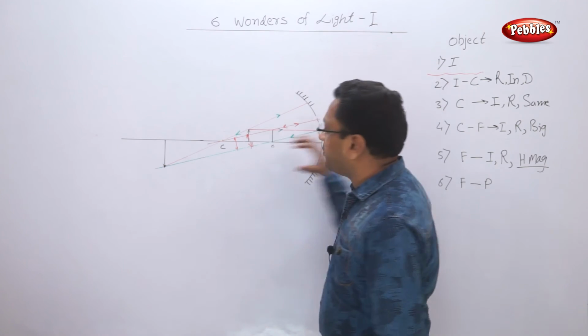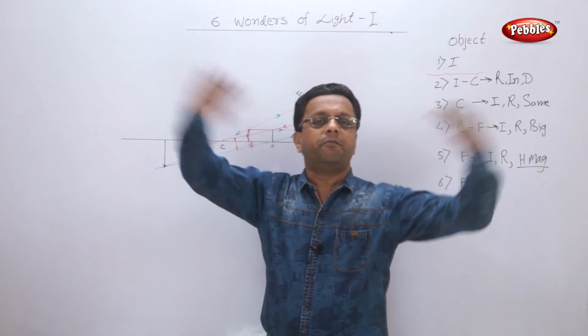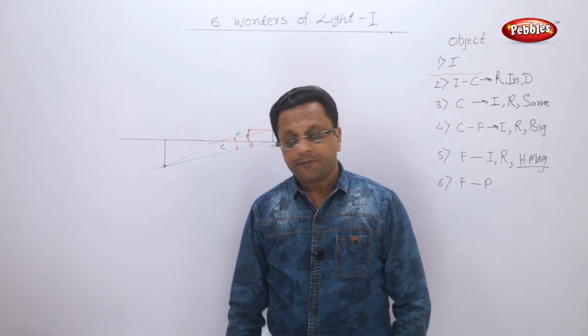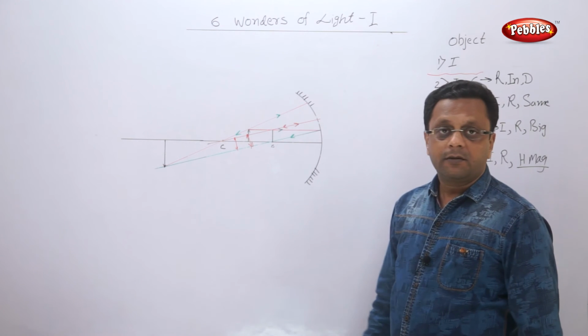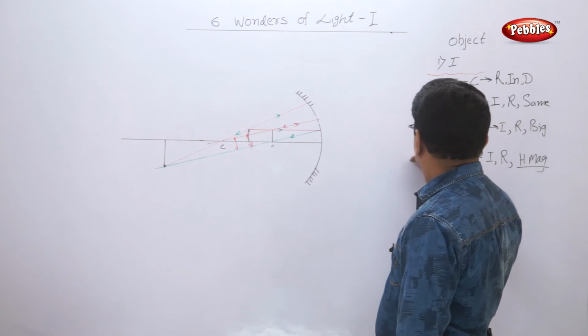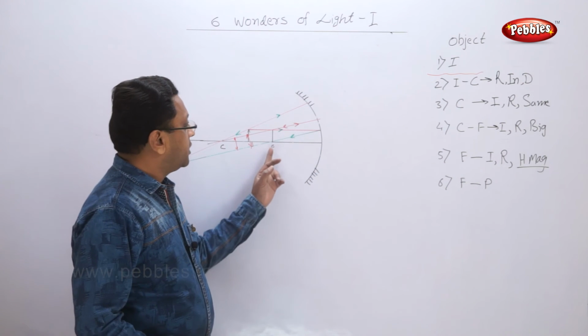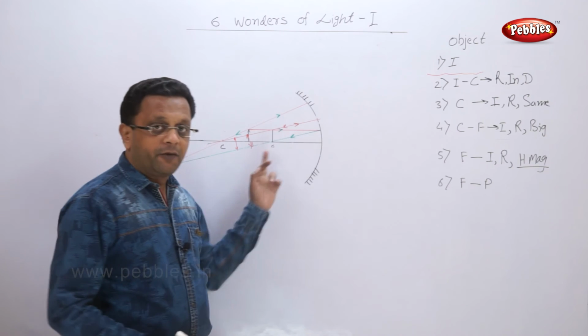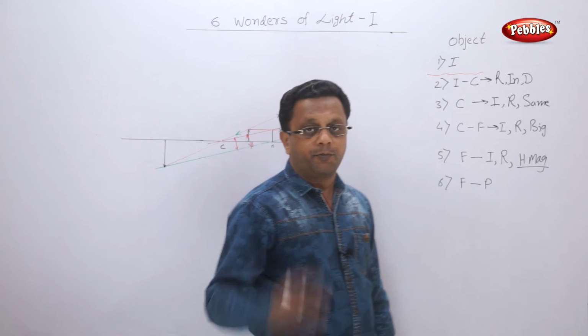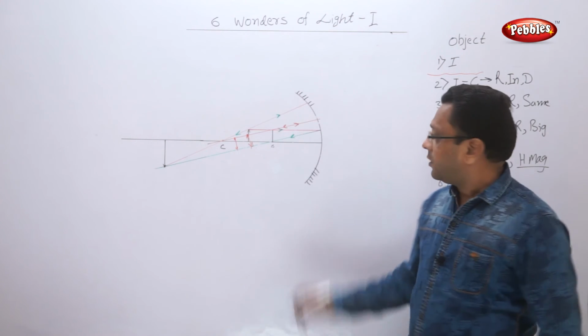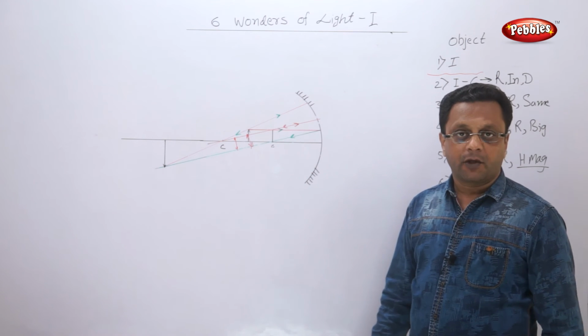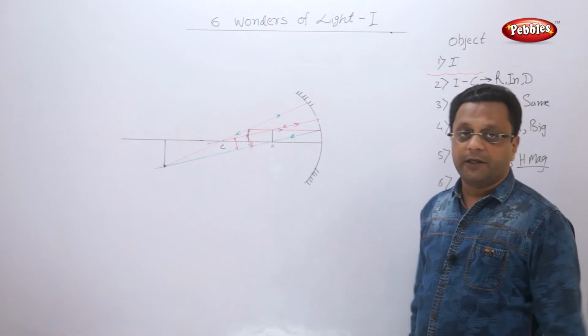You will get the image somewhere at infinity, very big image, okay. So we have seen the fifth type also. Now the last remaining is if we put the object between P and F, that is the pole of the mirror and the focal point, what will we get? We will draw the figure again.